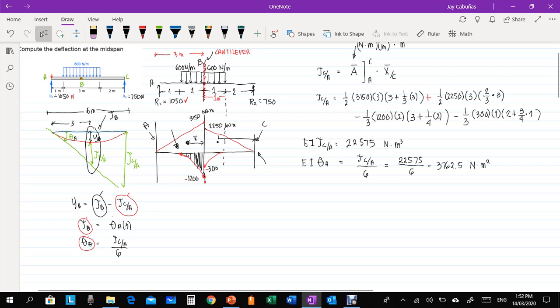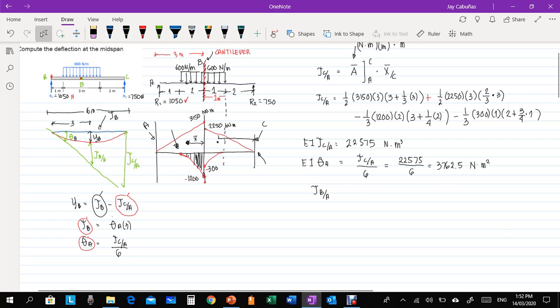Okay, so after that, we compute for the deviation of B relative to A. Where is the deviation of B relative to A? That is the height from earlier, no? So this height.